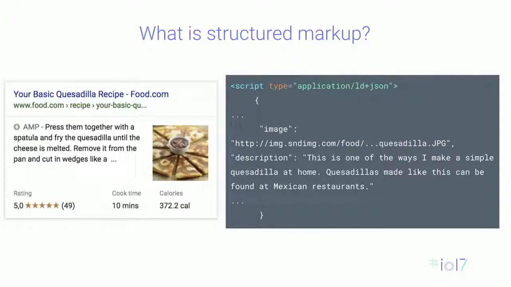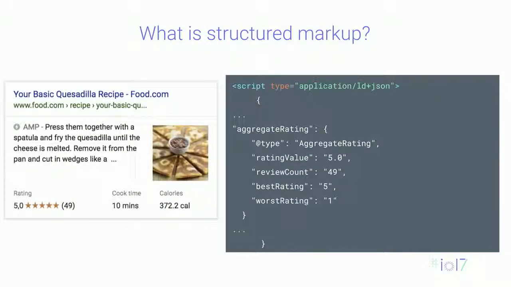You see here, as we continue, more tags. The image gives you a URL for the image that we're going to display on the left. And the description can give you some elements that we could use, for instance, in the snippet. On more structural components, for instance, this is how you would specify an aggregate rating. And then we translate this information into the stars and the number of reviews that you see on the left.